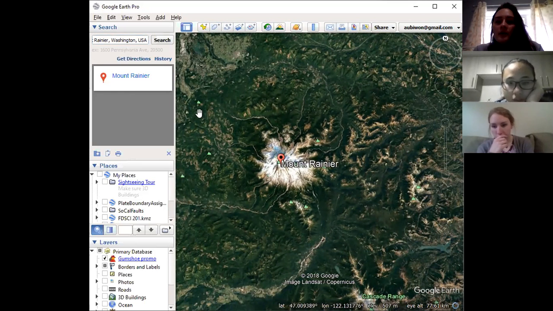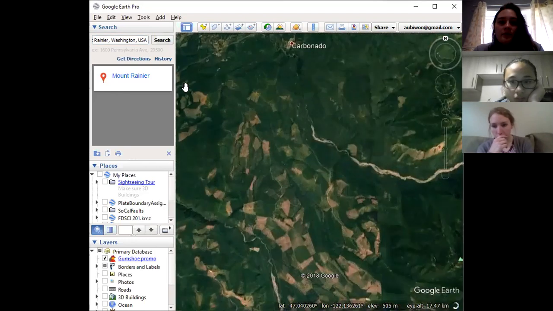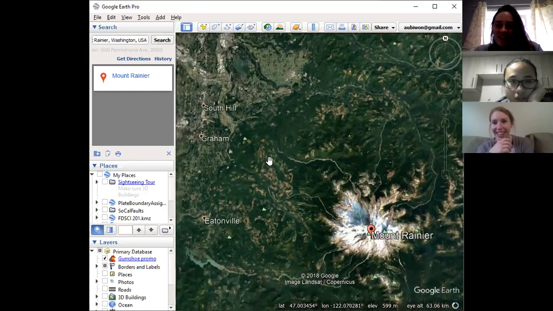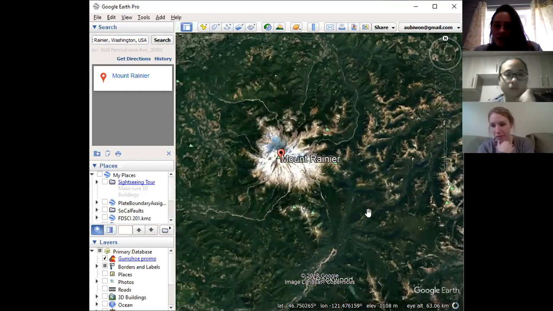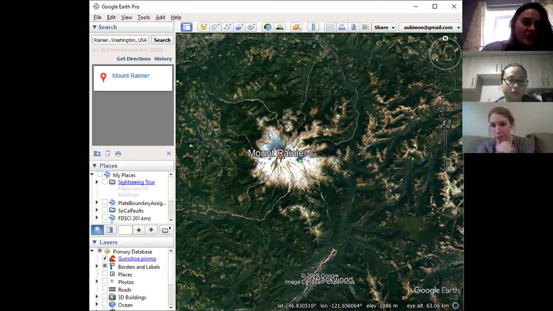Maybe because it's this little thing, that's a little hill. But I'd say around here, maybe. I don't know. I love looking at this kind of topography. It's so cool.